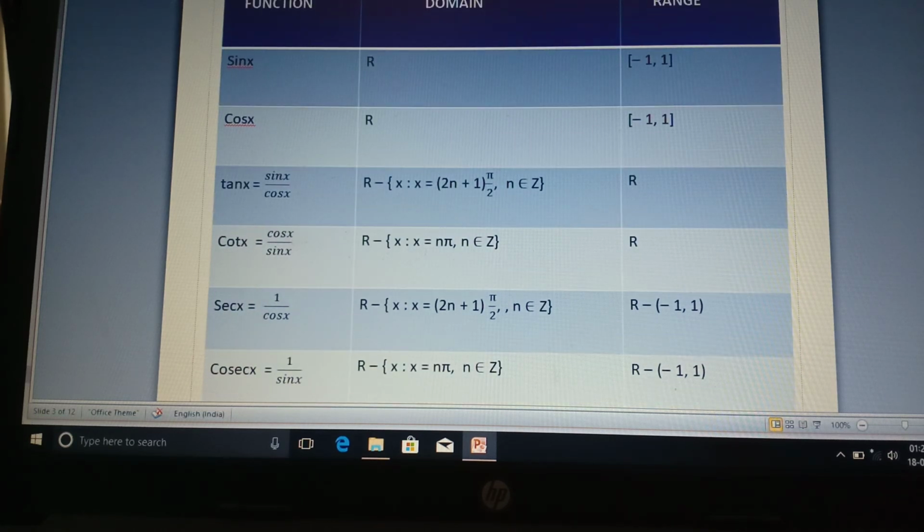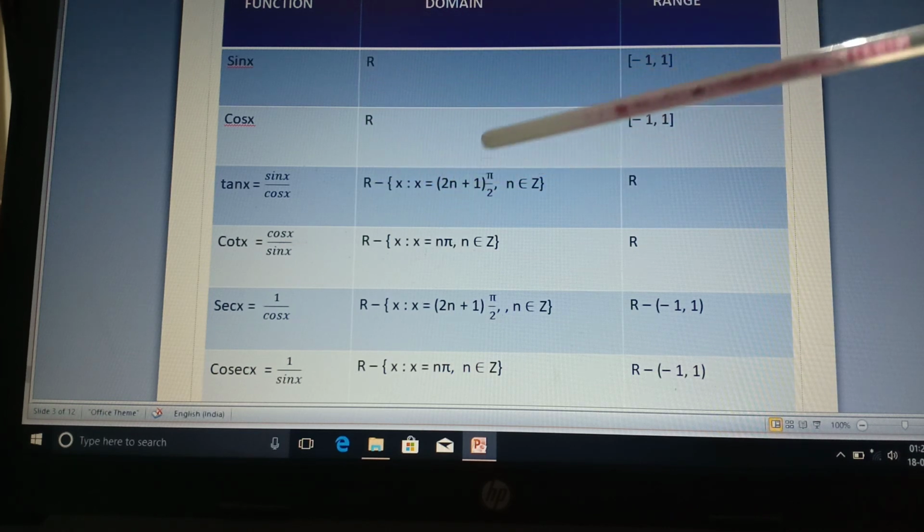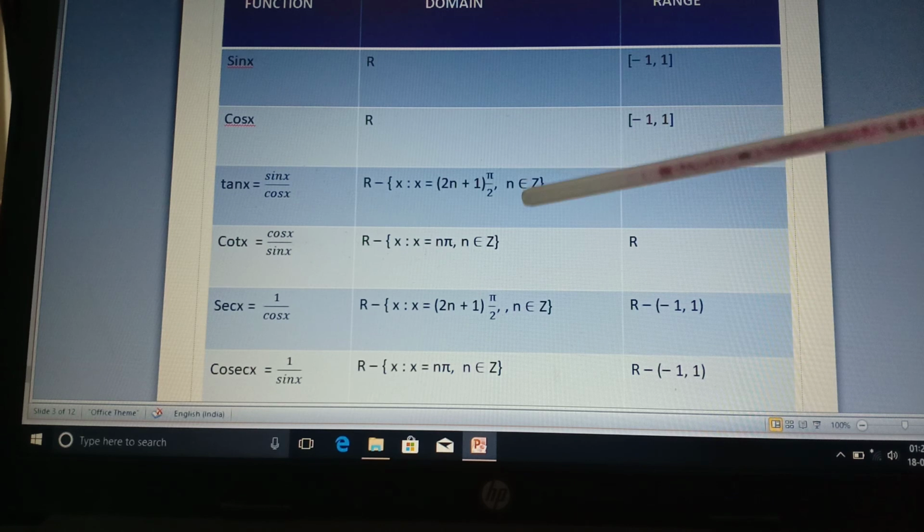Tan x is sin x by cos x. So cos x is 0 when x is an odd multiple of 90. So the domain of tan will be R minus x equal to (2n+1) pi by 2 for all n belonging to Z, that is the odd multiples of 90, and the range is R.